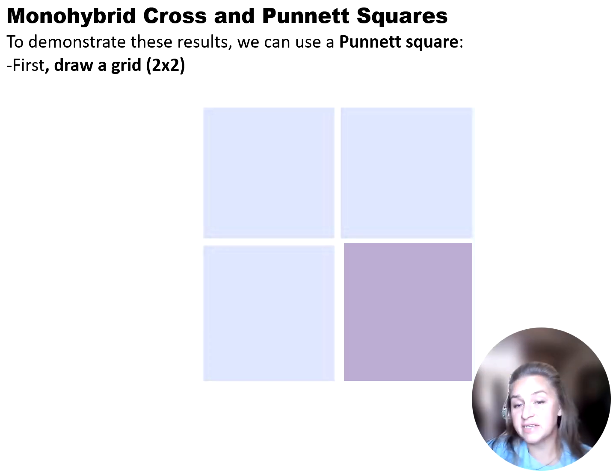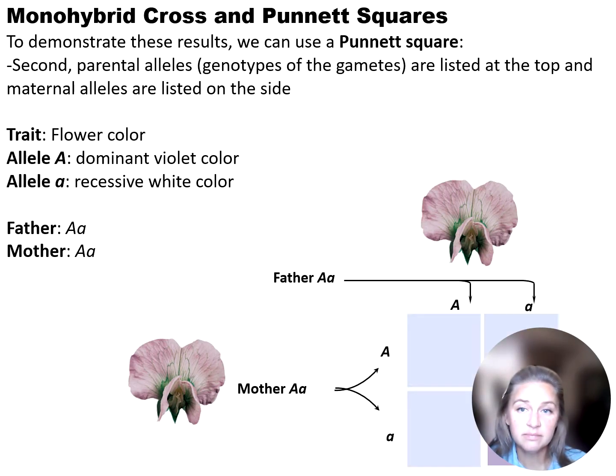So we'll do an example like this. You could go ahead and give this a try and see what you might get when you cross these two parents, see what genotype and phenotype you would get for offspring.